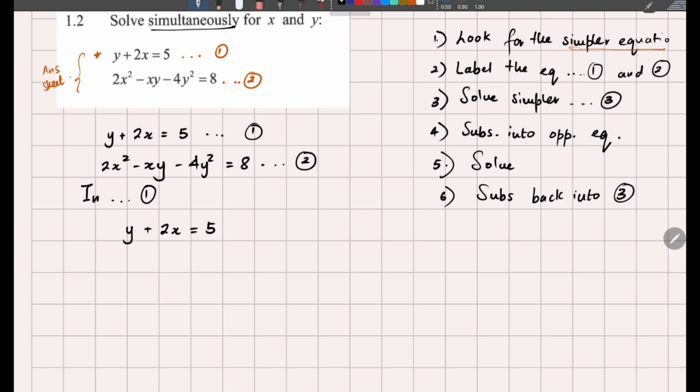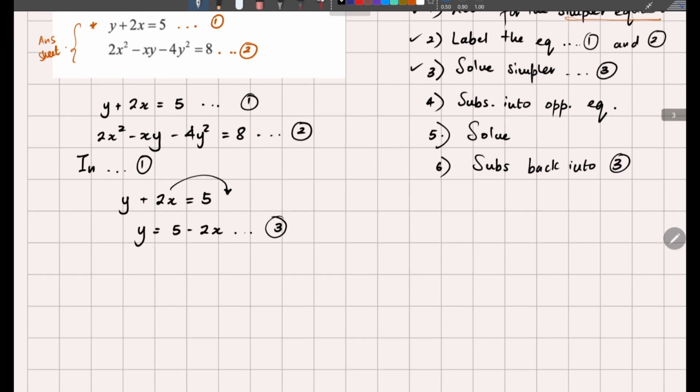Now I'm going to solve. You can choose which one is a simpler letter to solve for, and I can see that clearly it is y. So I'm going to solve for y. I'm left with 5 minus 2x, and I clearly just solved it. So that becomes equation 3.